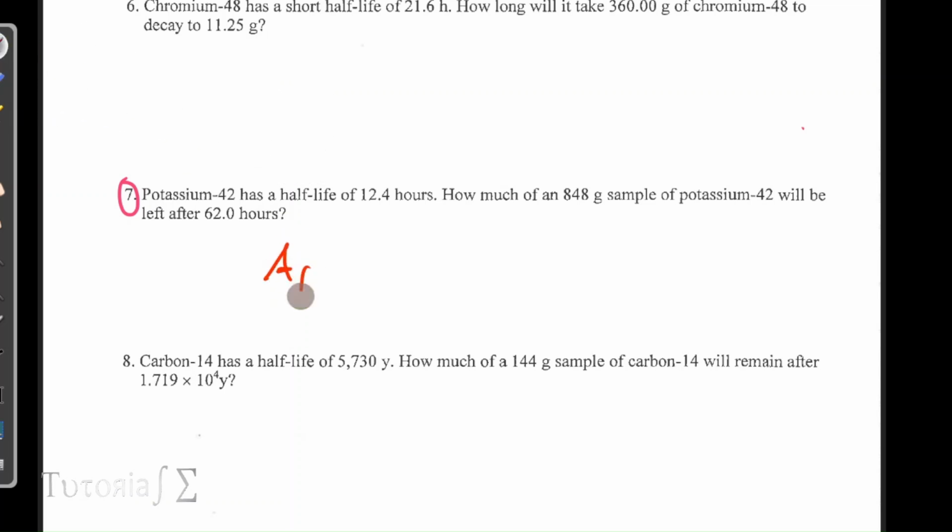AF is equal to AP, open bracket 1/2, close bracket, to the power T over n. Then what have we been given in the formula? We have AP, which is 848 grams.